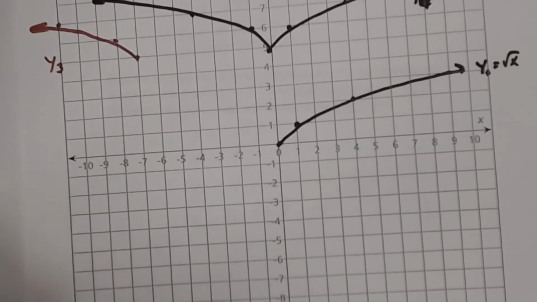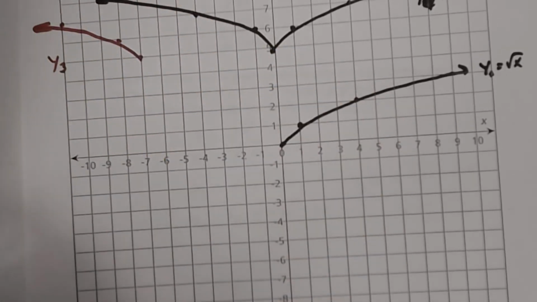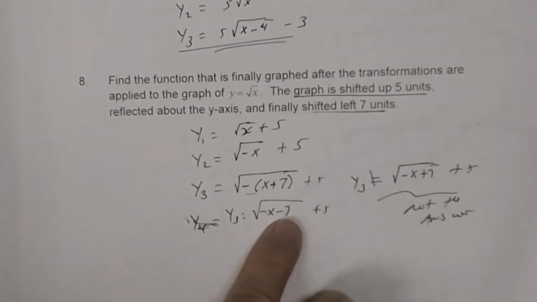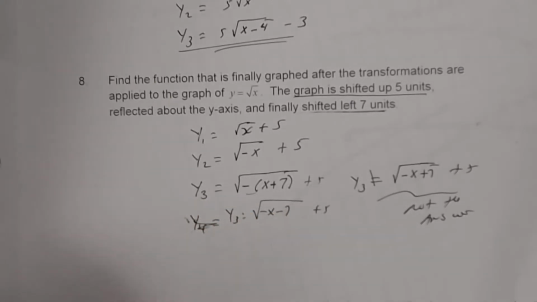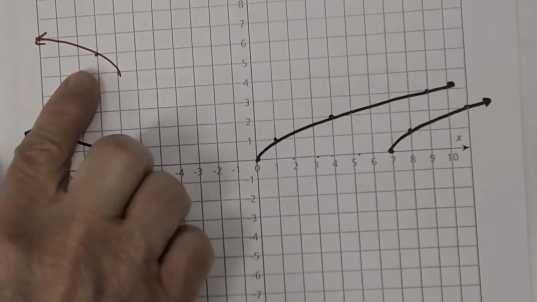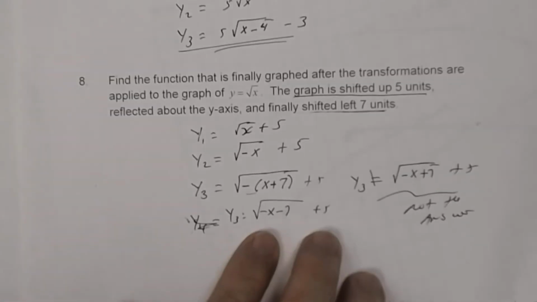That's using the ones in the order in which you were told to do. All you want is to come up with this equation. So the equation turns out to be this, which if we graph it according to our rules, we get the same end result. Okay? So there's our answer.